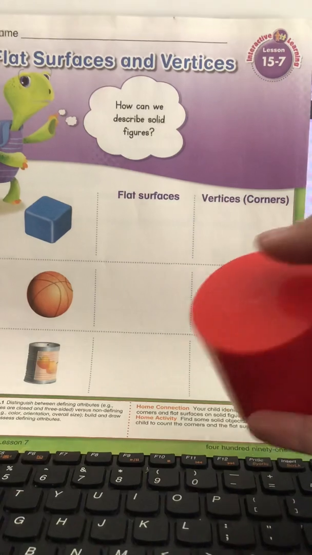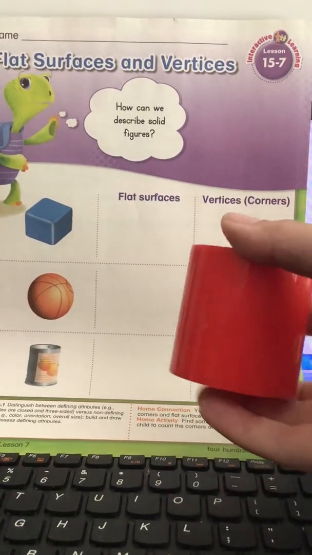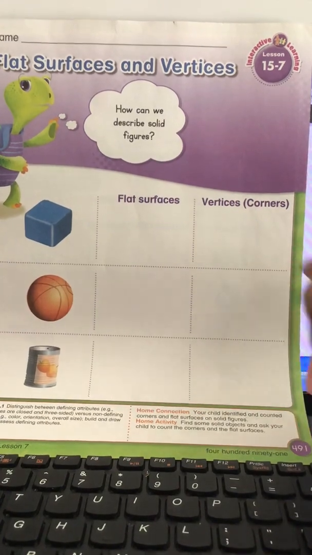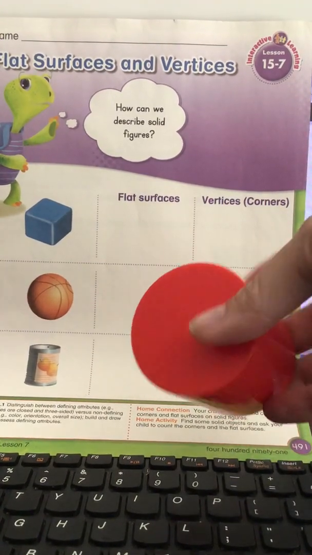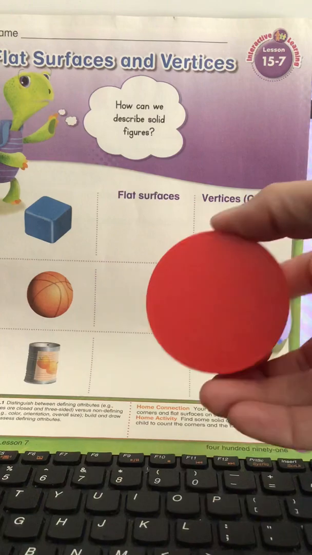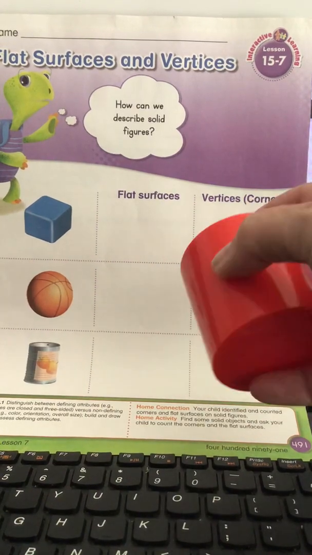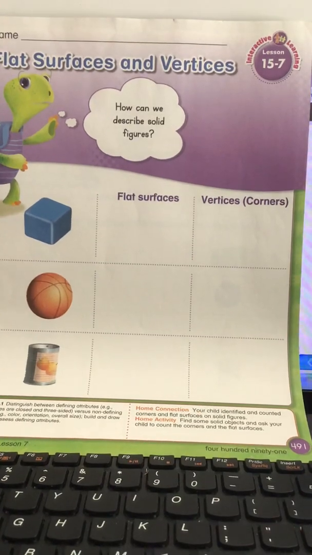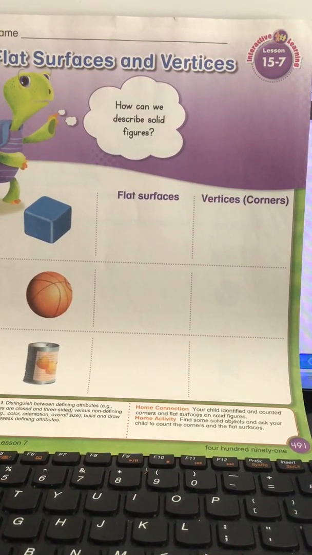So the circle on the top and the circle on the bottom are the flat surfaces for the cylinder. The vertices or corners, when I look at a cylinder, there are no points or corners, so we are writing a 0 for vertices.